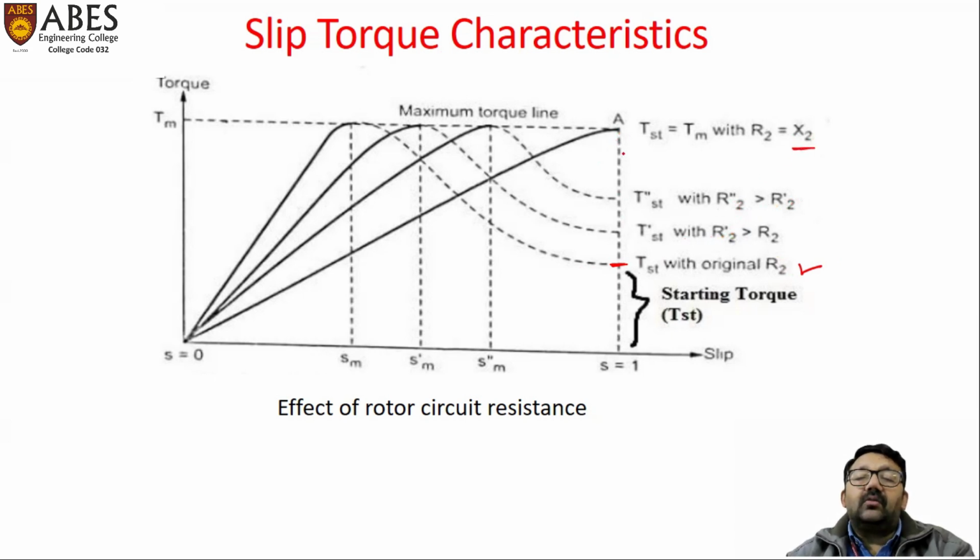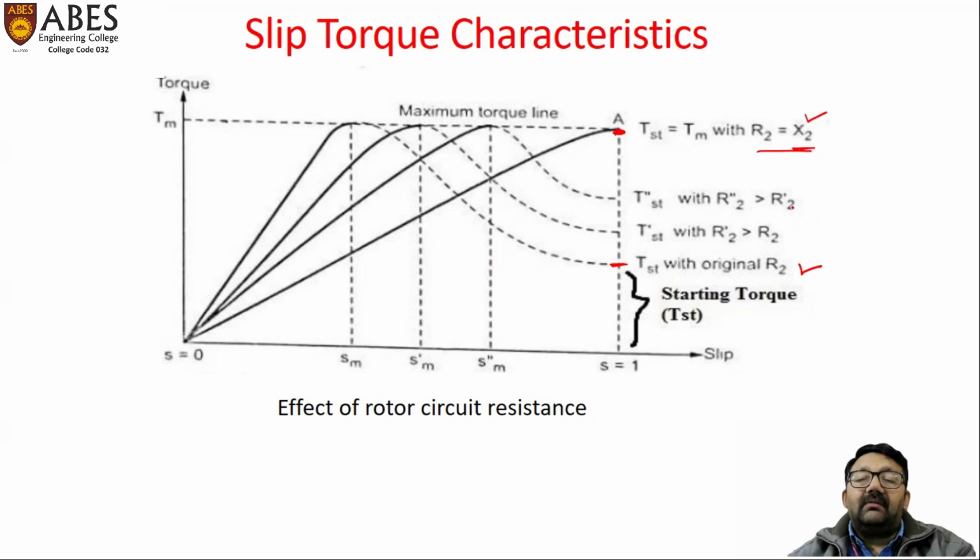With increasing rotor circuit resistance, one thing we can clearly see is that the starting torque of the motor continuously increases. And if the rotor circuit resistance is made equal to the rotor circuit reactance, then we can get maximum torque at the instant of start.